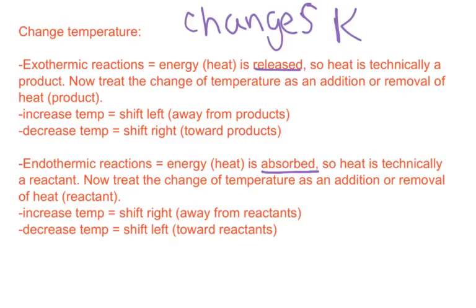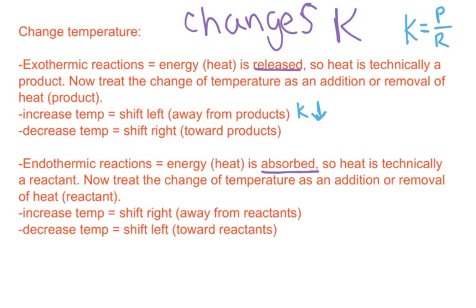Now remember, K is the products over the reactants. So for exothermic reactions, when we increase temperature, we're shifting toward the reactants. Okay, so the reactant numbers are going up and the product numbers are going down. So K overall is decreasing when we increase temperature of an exothermic reaction.